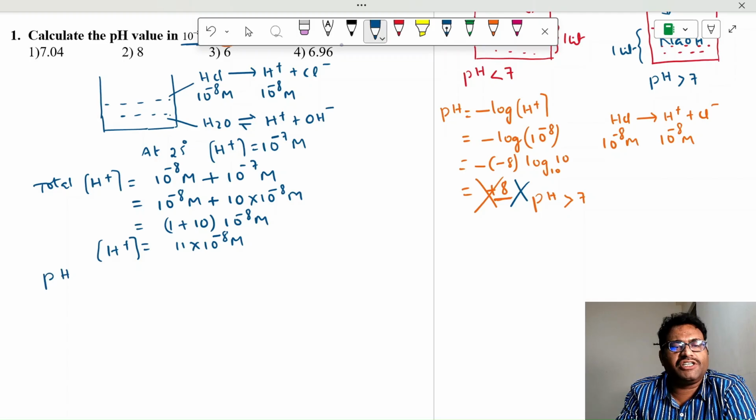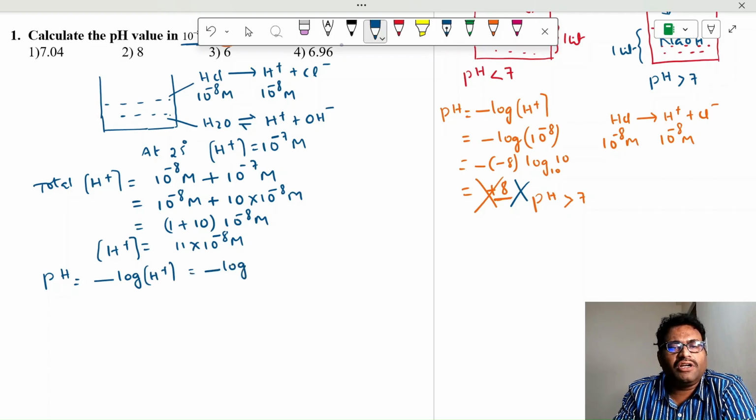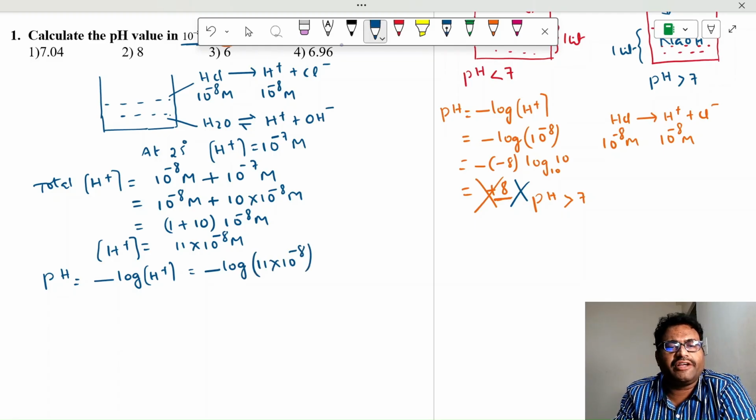Now we can calculate pH. We know that pH is equal to minus log of H plus ion concentration, that is equal to minus log of 11 into 10 power minus 8. So then what can I write? Log of A into B is equal to log 11 plus log 10 power minus 8.